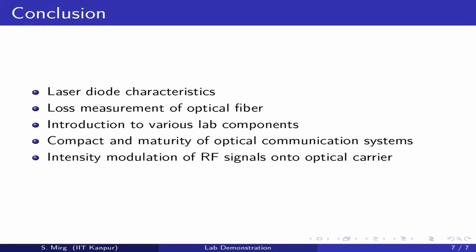We also saw what various components look like, how compact the fiber optic technology has become, how commercialized it is, and how mature the technology has become over a period of time.